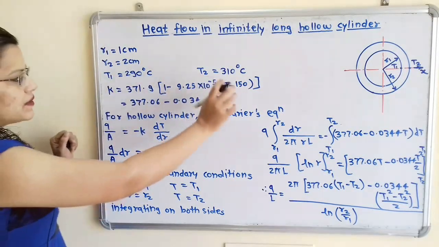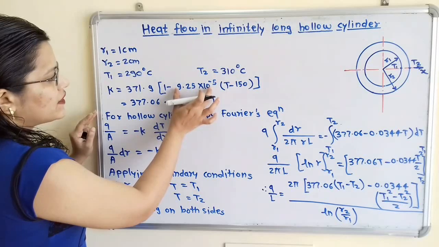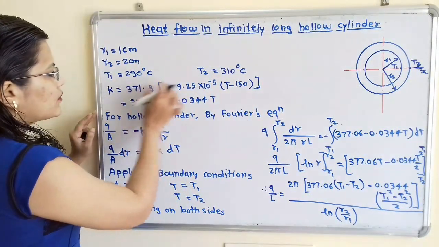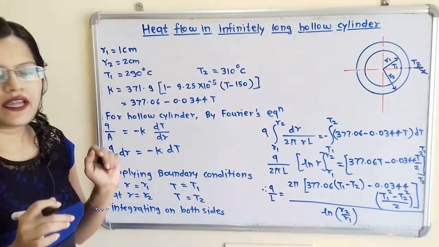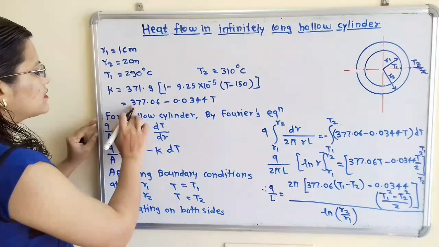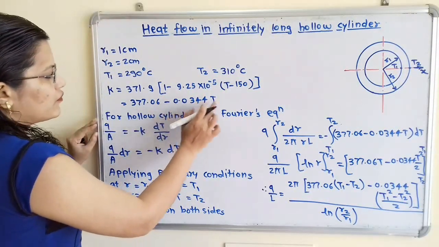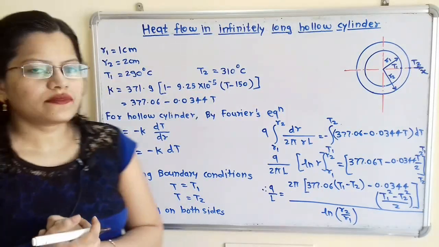We have to simplify this: multiply 9.25 × 10^-5 with the inside bracket, and then multiply the bracket by 371.9. When we simplify, it is 377.06 minus 0.0344 T. This is K.